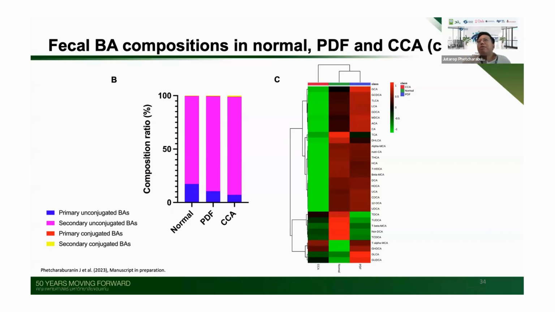And then we performed the heat map and hierarchical cluster analysis to visualize the unique fingerprints of bile acids in the fecal samples obtained from these 3 groups. We found the distinct bile acid signatures of CCA, normal, and PDF.